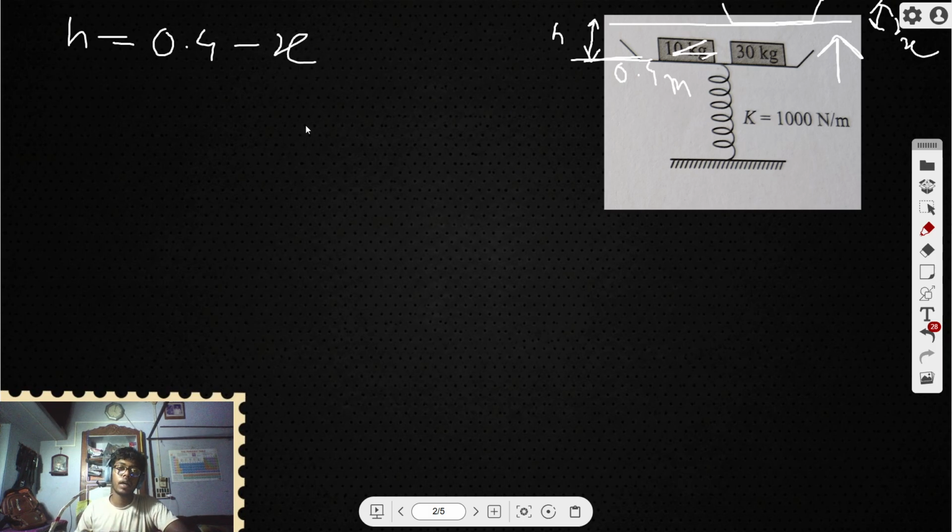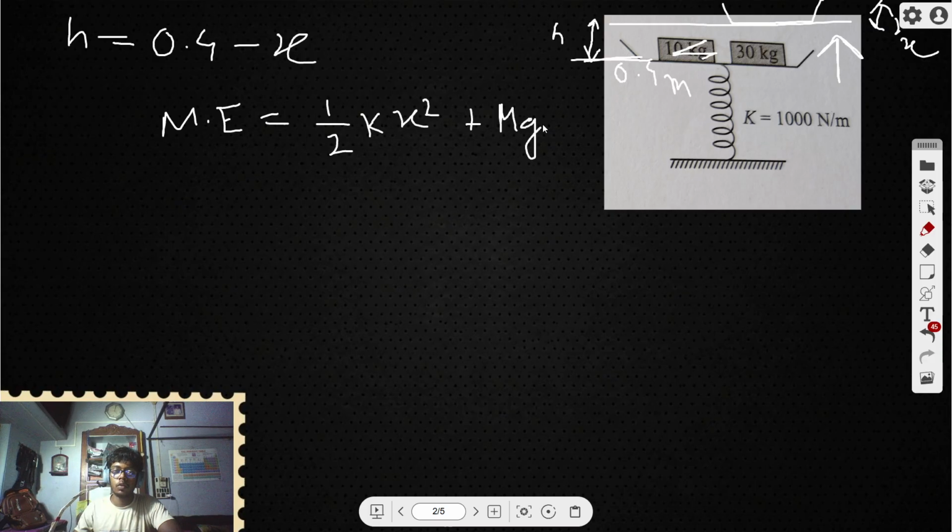Now if I write the mechanical energy, it will be the spring energy, that is half k times the new compression x square, plus now it has some height, that is m g into this height. K is 1000, so half k is 500, calculated earlier.